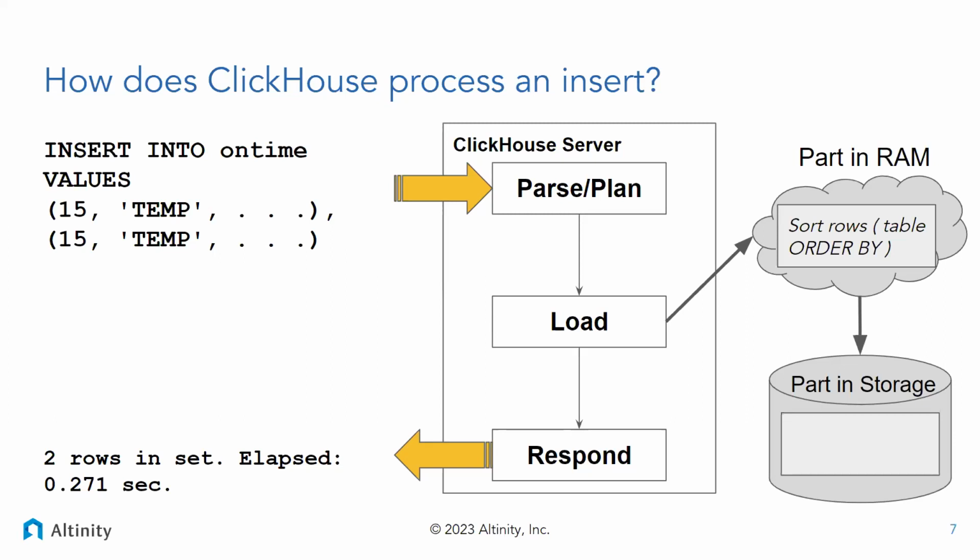That's a very important feature, but we won't talk about it here. But then we're going to go ahead and load the data. And what happens when you load a block of data into ClickHouse is we construct what's called a part. In other words, one of these chunks of the table, we construct it fully in RAM, and then we blast it out to disk.